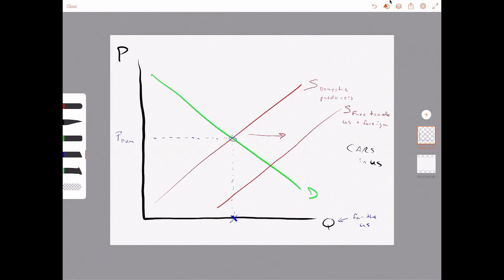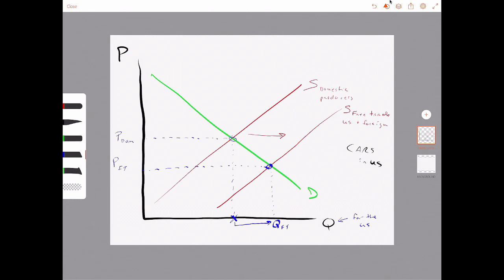Because of that change in supply, we're going to see that the price of cars goes down. So we'll call this the free trade price. And for consumers, this is great. We see that in the market, the number of cars goes up. So we'll call this the quantity with free trade.